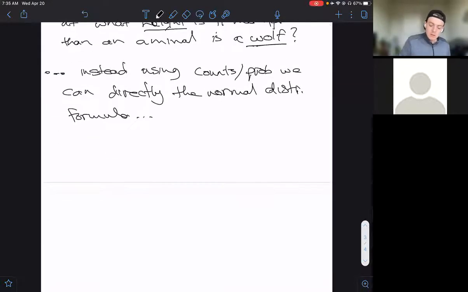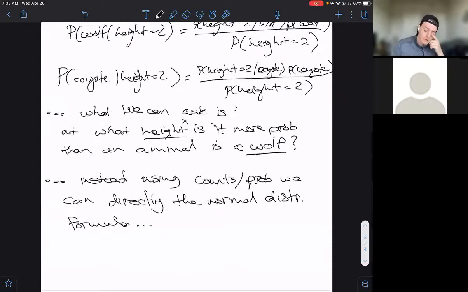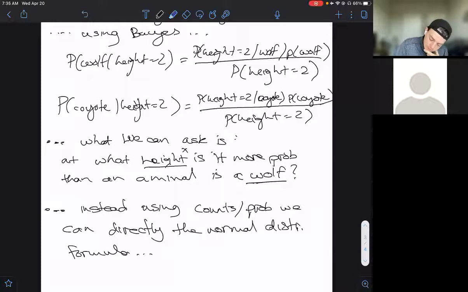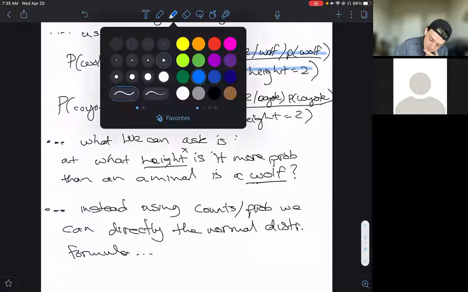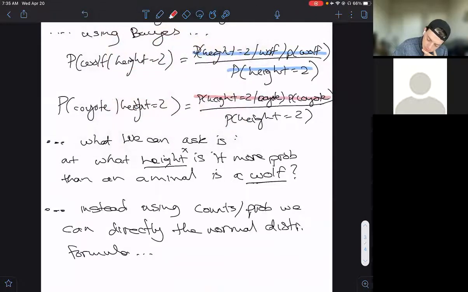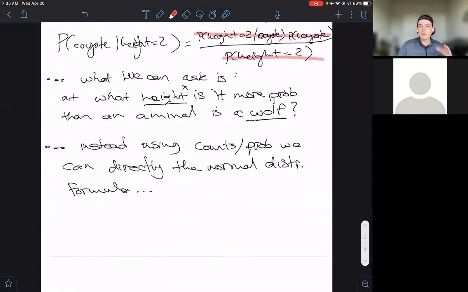Cool. So at this point, we're just doing the same calculations we had before, where we know all these values. By values, I mean, we know these guys, or we can at least analytically write them out. We just have to simplify.